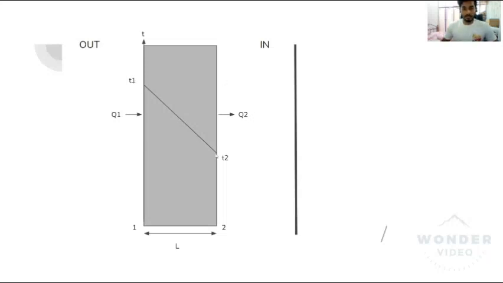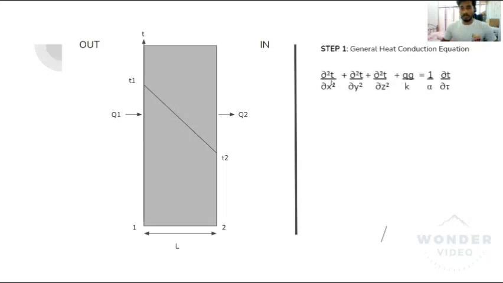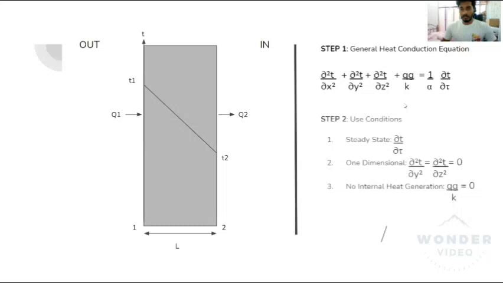So there is a temperature difference between them, and the temperature only moves in the x direction. Step 1: in order to solve this kind of problem, we need to write the general heat conduction equation first, which is this. And step 2, you need to use the conditions.